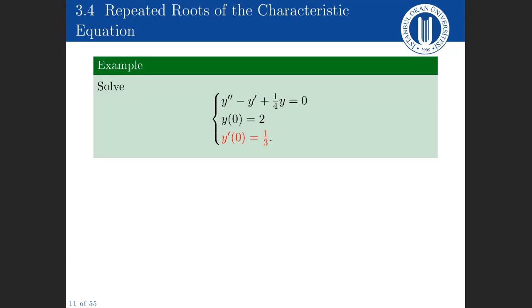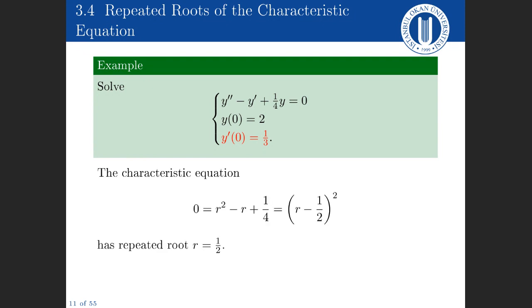For example, solve y double prime minus y prime plus 1/4 y is equal to 0 with the initial conditions y of 0 is 2, y prime of 0 is 1/3. We start with the characteristic equation, and we see that we have repeated root 1/2.